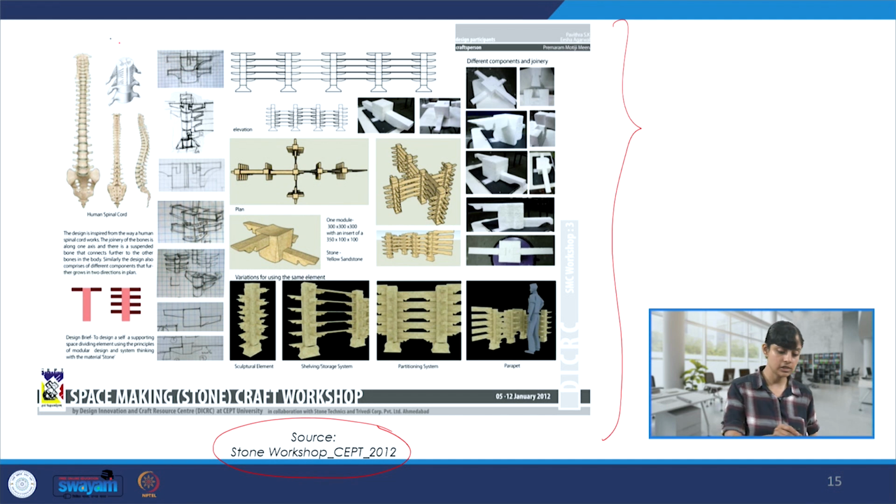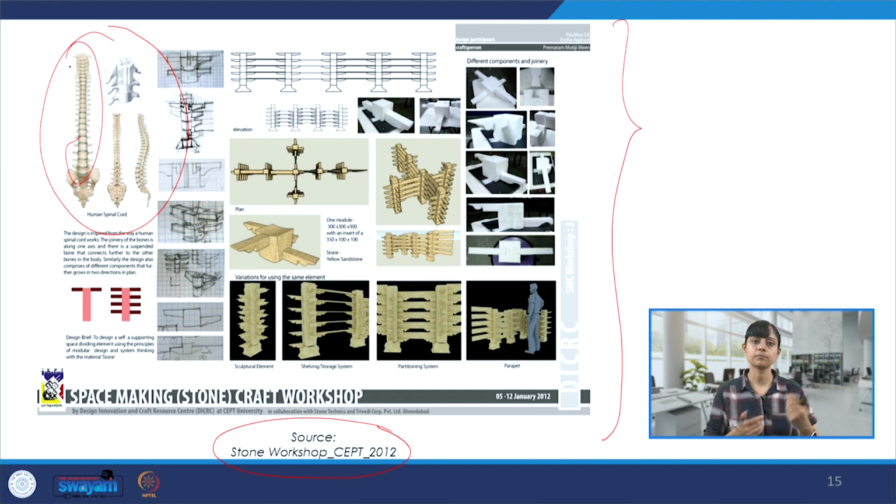So, getting inspired from the human spinal cord and then trying to understand how the interlocking and joinery happens between these different parts.